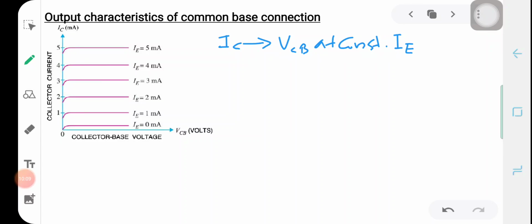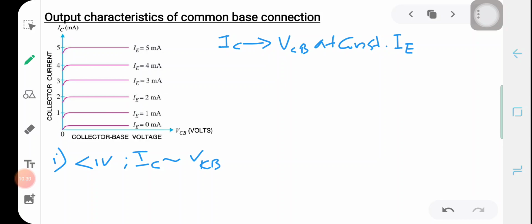And you can see that the collector current IC varies with VCB only at very low voltages, usually less than 1 volt.